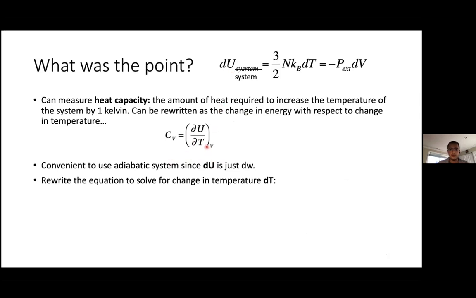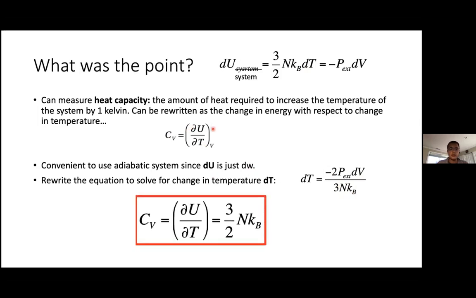So first we want to isolate dT. Because dU is simply the work, we can rewrite this equation in terms of dT, and we get negative 2P external dV over 3nk_B. And then we plug dT and dU into this equation, and we get our heat capacity, which is, since the work factor cancels out, 3/2 times nk_B.